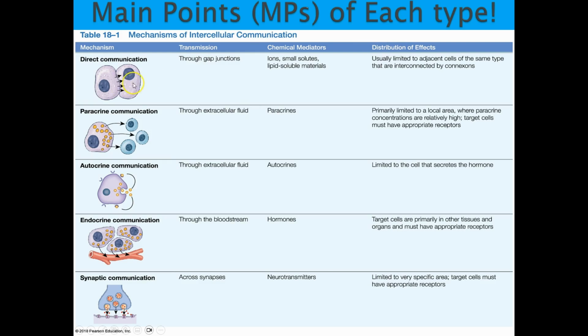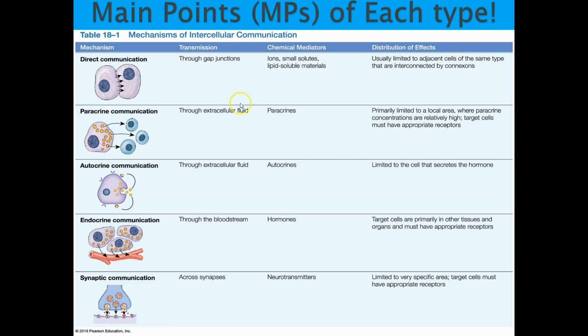So notice direct communication. You should know direct communication is a form of intracellular communication. And notice it's going to use gap junctions. So it's really easy for me to just ask, which of the following forms of communication strictly relies on gap junctions of neighboring cells? And a gap junction literally is your cells need to be sewn together in sheets, i.e. it's mostly going to be in epithelial tissues. And so notice, usually limited to adjacent cells of the same type.